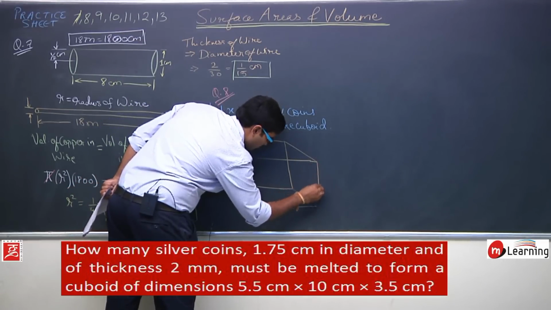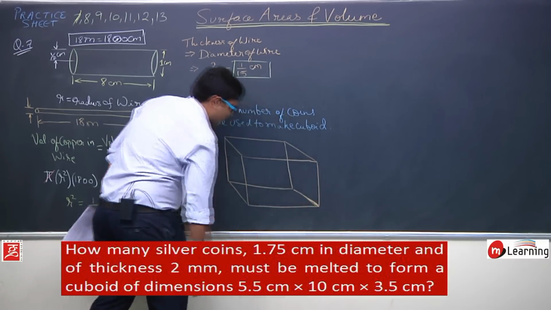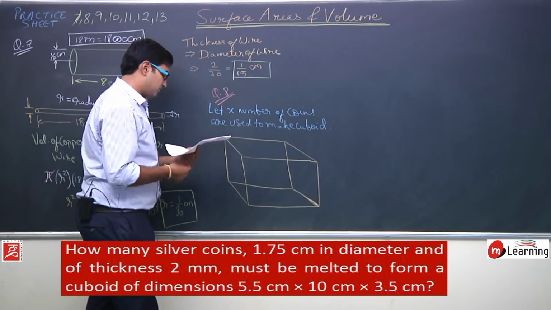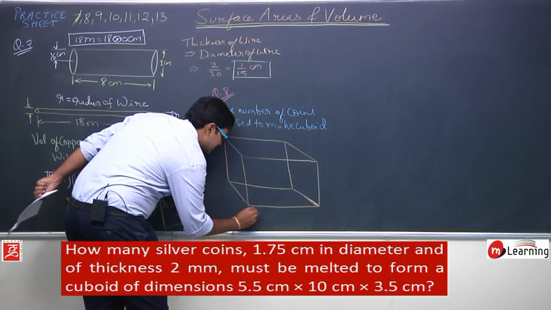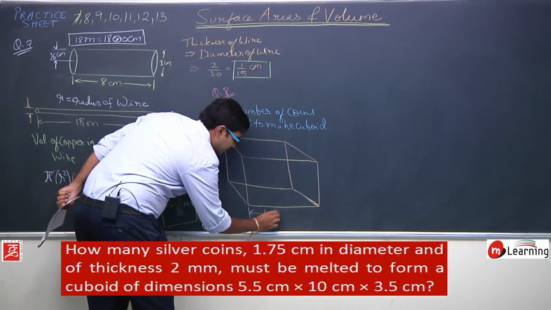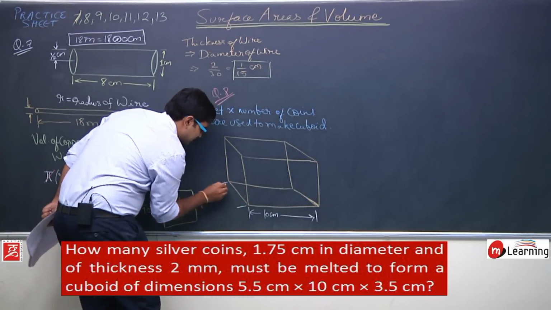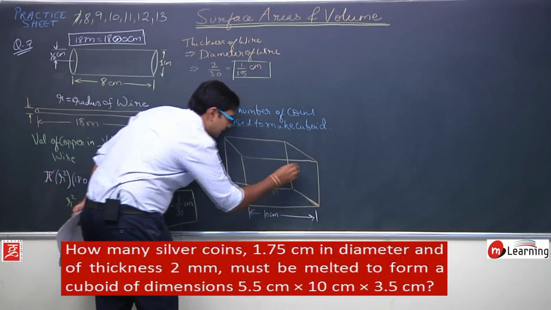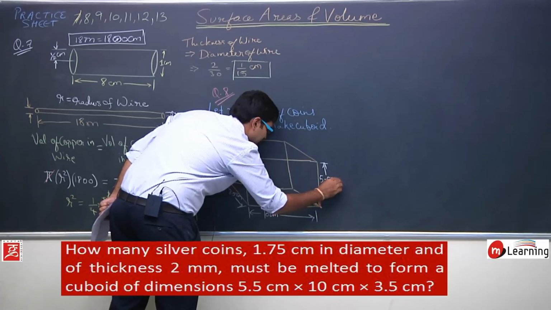so this is a cuboid. The dimensions of this cuboid are given as 5.5 cross 10 centimeter cross 3.5. So this is 10 centimeter. Okay, then let us say this is 3.5 centimeters, and let us say this is 5.5 centimeters.